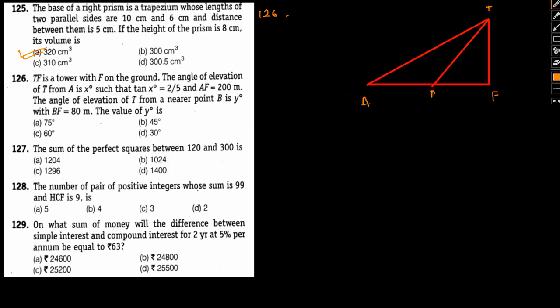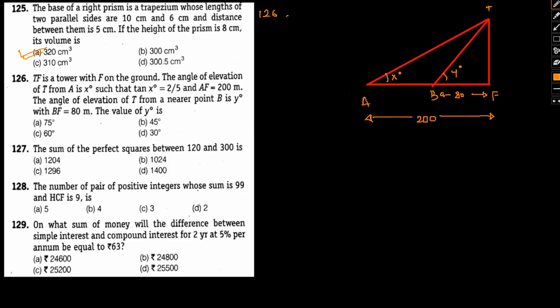It's given that this angle is x degrees, this is y degrees. What else is given? We have tan of x equal to 2 by 5. Further, AF is 200 meters, followed by BF is 80.